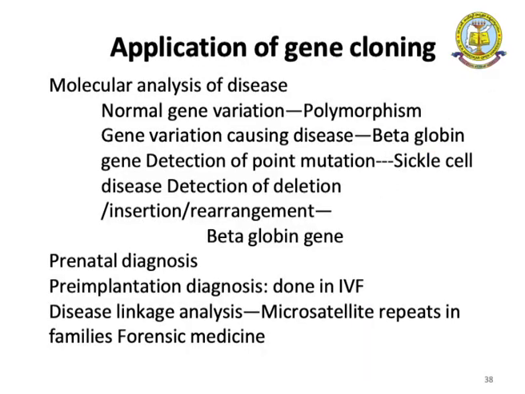Coming to the applications of the gene cloning method. Molecular analysis of disease: normal gene variations, that is polymorphism, and gene variations causing disease, such as the beta globin gene; detection of point mutation in sickle cell disease; detection of deletions, insertions and rearrangements in the beta globin gene.